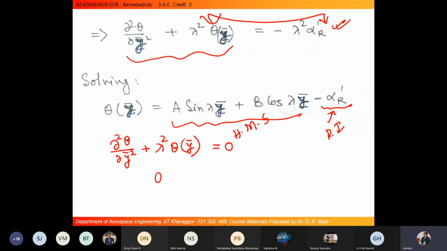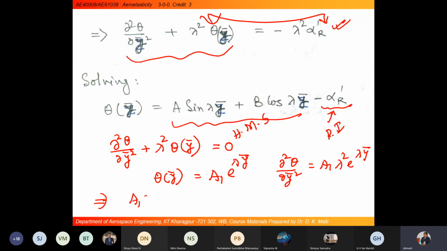That means if I take theta function of y bar as, let us say, a1 e to the power lambda y bar, then taking the second derivative d2 theta by dy bar whole square, I will get a1 lambda square e to the power lambda y bar. After substituting, I will have a1 lambda square.